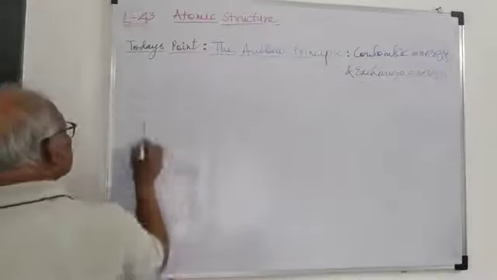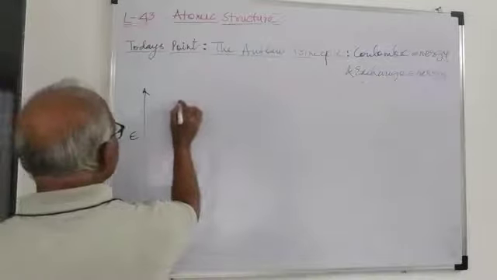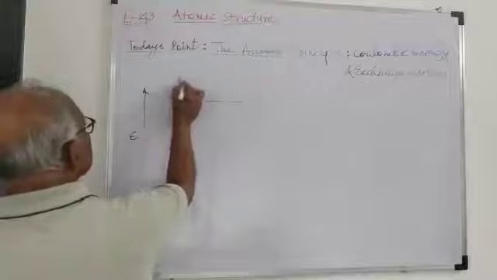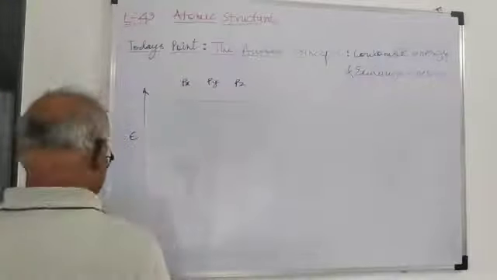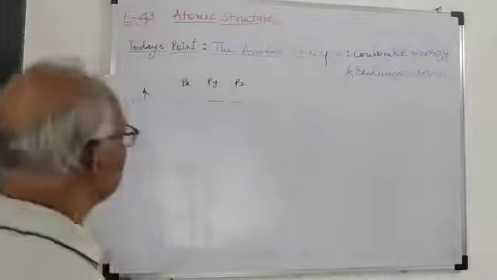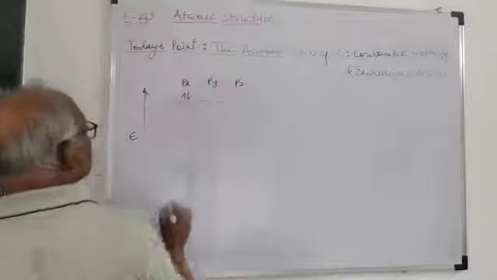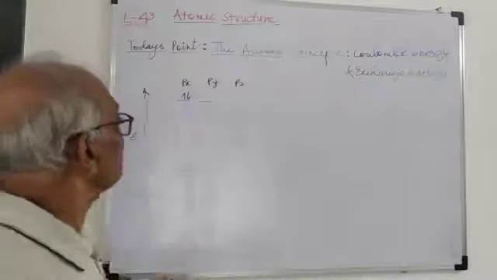Say this is the energy axis. Now we will see this first, say it is px, py and pz orbitals. If we have two electrons, they can be distributed like this.